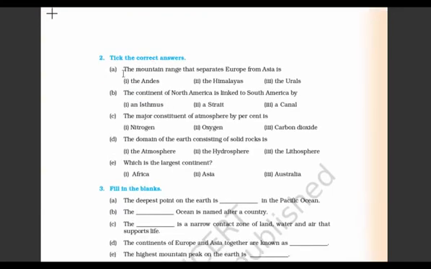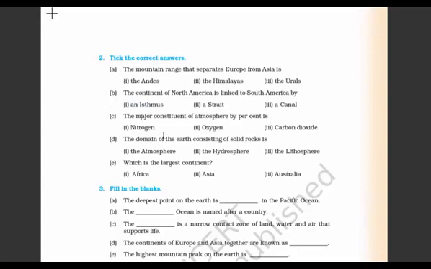Coming to the choose the correct answers. The mountain range that separates Europe from Asia is the Ural Mountains. As I said, Europe, so EU, so there should be a U in it, Urals. Second one, the continent of North America is linked to South America by an isthmus. Panama is the name of the place that is the point between North America and South America.